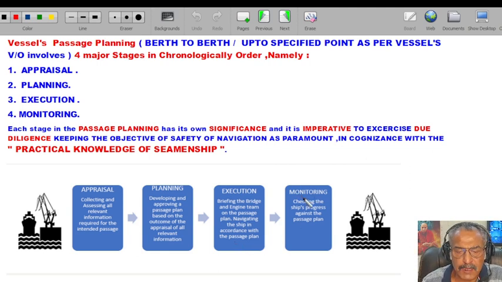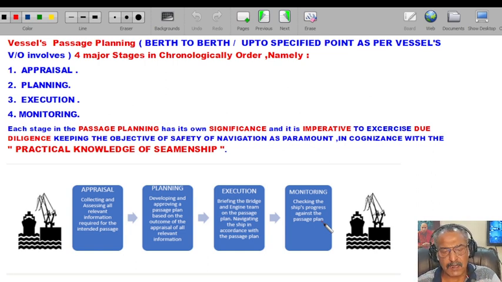The fourth and the last stage is monitoring, that is checking the ship's progress against the passage plan. So stage number 1, you've collected all the data you require for the present or current passage as per the voyage order. Number 2, you have developed the passage plan in concurrence with the master, and the courses, everything has been laid down in a very elaborate and comprehensive manner.